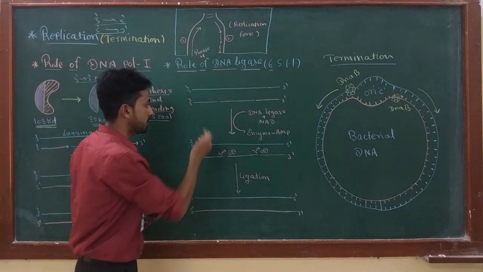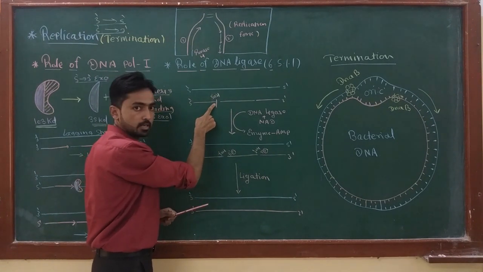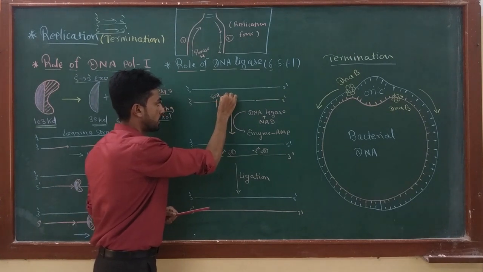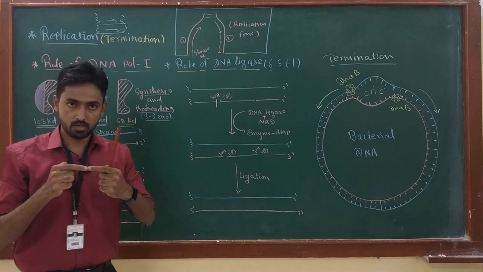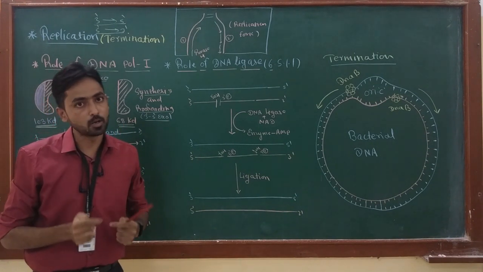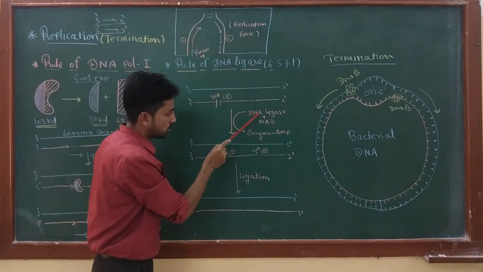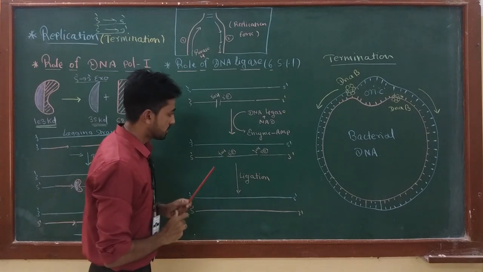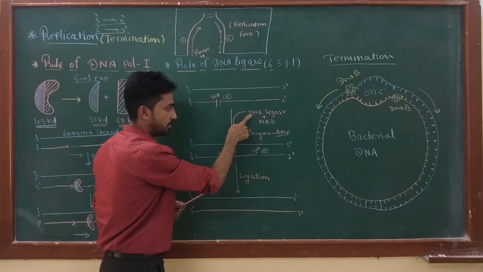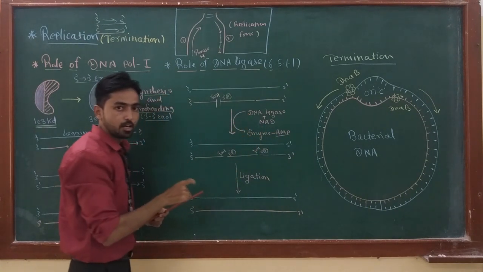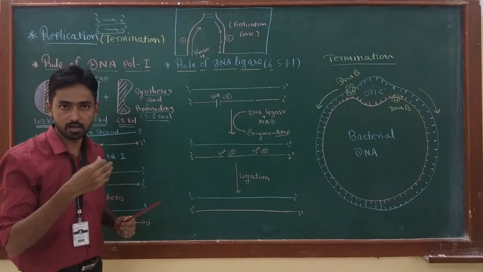Now this nick has one 3' OH end, as this is 5', this end is 3', while the other end is 5' phosphate. And someone has to join these two fragments together to complete the process of elongation. For that purpose, first of all, DNA ligase, with the help of NAD as a cofactor, combines itself with AMP. Initially, the enzyme combines with AMP, adenosine monophosphate, because this reaction requires energy from ATP.